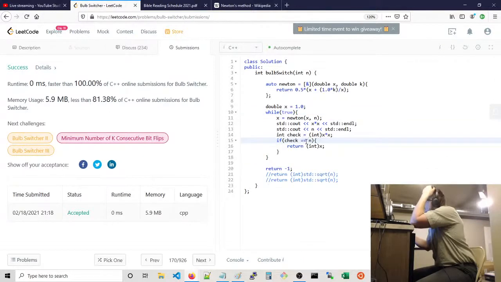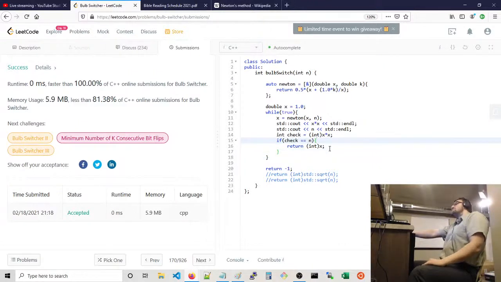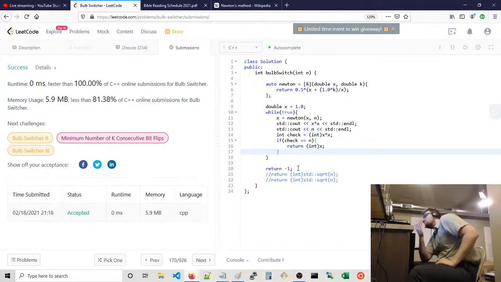Somehow these are not equal to each other, for reasons that are totally beyond me. Can we just, wow, okay. You know what you can do?